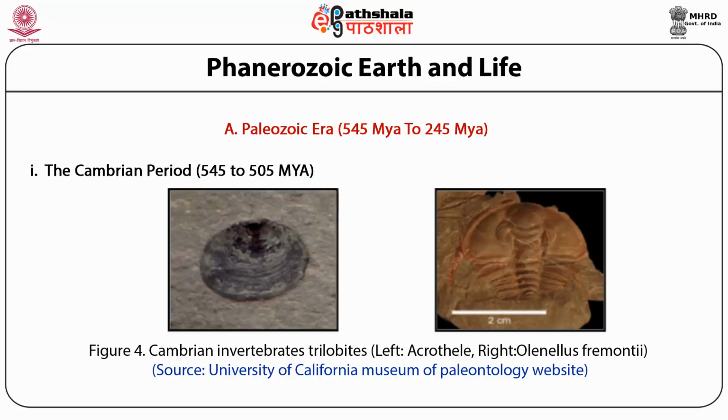The Cambrian lasted from approximately 545 to 505 million years ago. This period played an important role in the history of life on Earth, with the advent of multicellular organisms and the proliferation of over 100 different phyla.